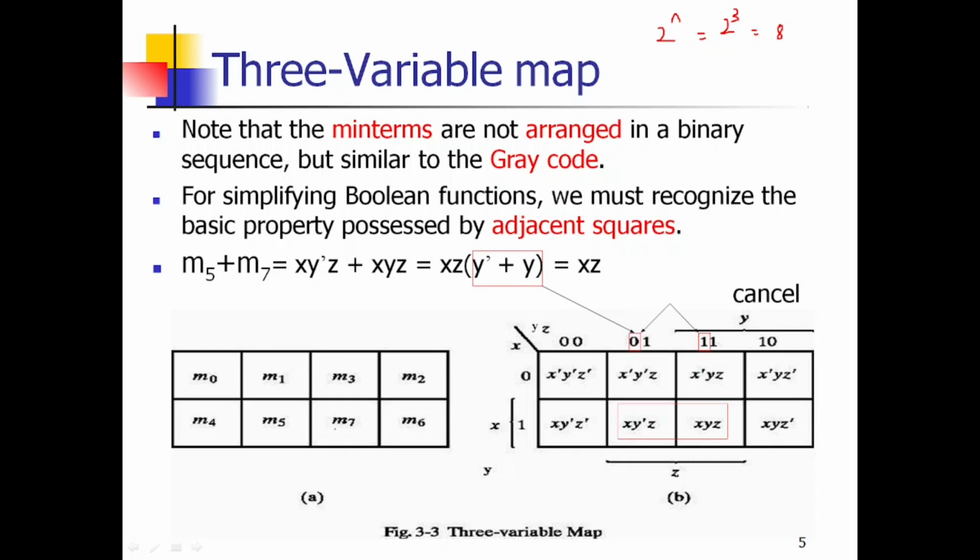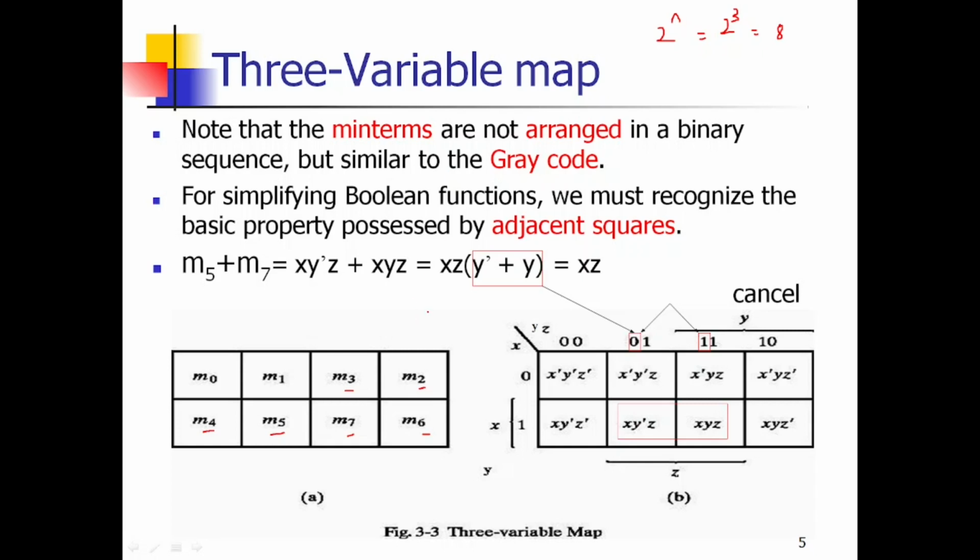And it consists of 8 min terms, right? So here is how the terms are represented. This cell is m0, m1, m2, m3, and this is m4, m5 and m6, m7. It is not arranged in binary sequence. It is similar to gray code.